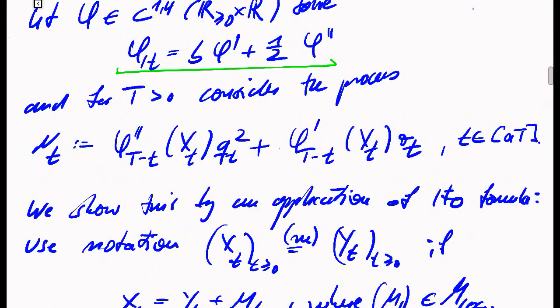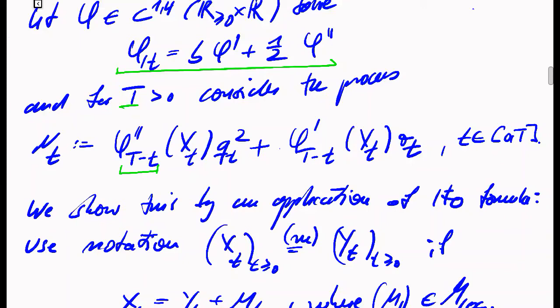And as in the case of the first order derivative formula, there will always be the trick that we play a little bit of a game with forward and backward time reparameterization. So we typically will evaluate the function phi and its derivatives with regard to the time parameter in reflected time.